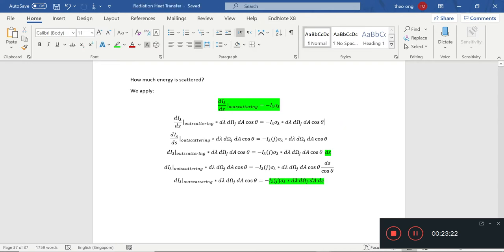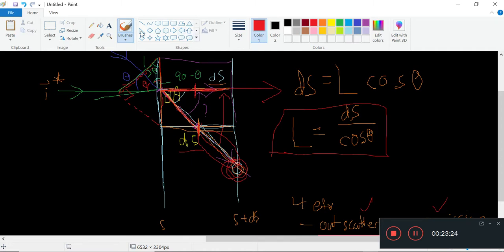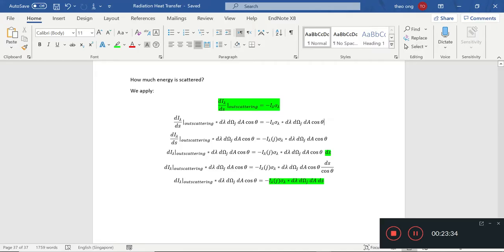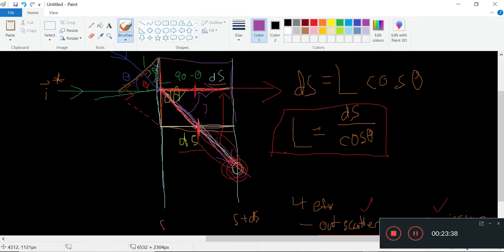Like I was saying, when radiation travels through this little medium, through this length, the amount being scattered is this much. So the next question is, how much of this scattered radiation goes into this direction? That will be the subject for the next video. I'll see you guys next time.